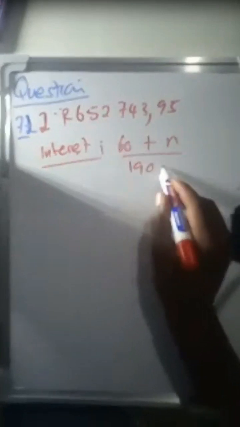So over the entire investment period, it means over the 5 years and also over n periods. Interest was earned on 60 periods plus n periods, and the interest earned was 190,214.14.